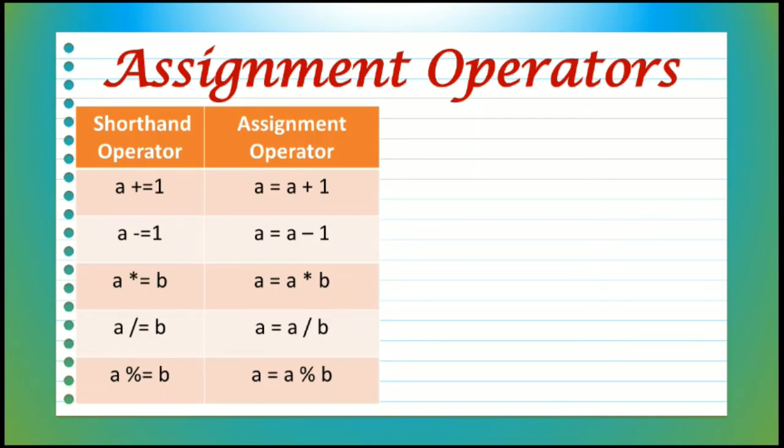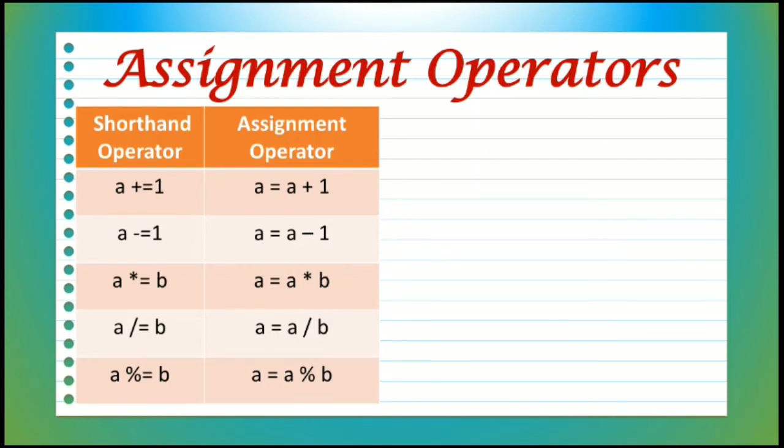The next is a -= 1, and similarly in assignment operator the statement will be a = a - 1. Here also both the statements work the same way. In both the cases, 1 will be subtracted from a and the answer will be stored in a.